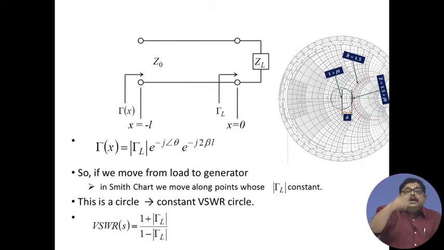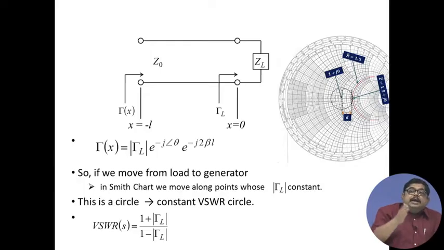You see that gamma x, the line reflection coefficient, its magnitude is not changing. What is changing is its phase.